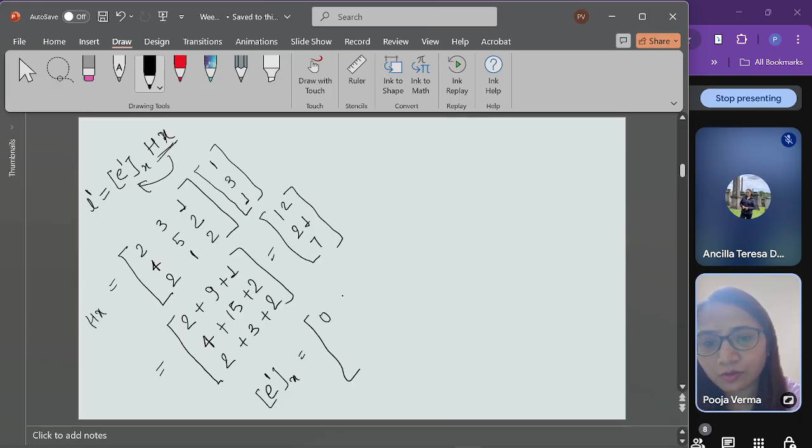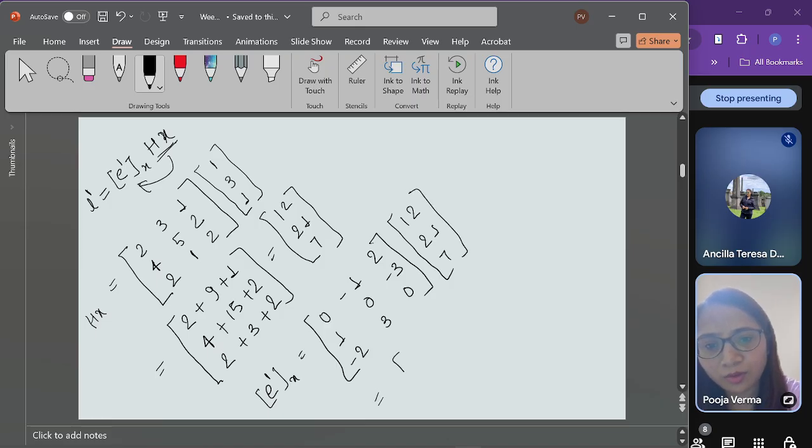So what we have got: 0, minus 1, 2, 1, 0, minus 3, minus 2, minus 3, 0. Now multiply with H into x, right? So what we have found: 12, 21 and 7.